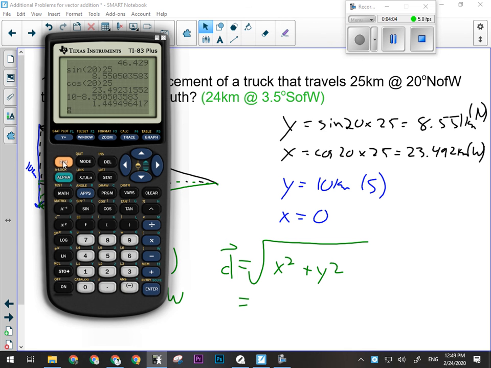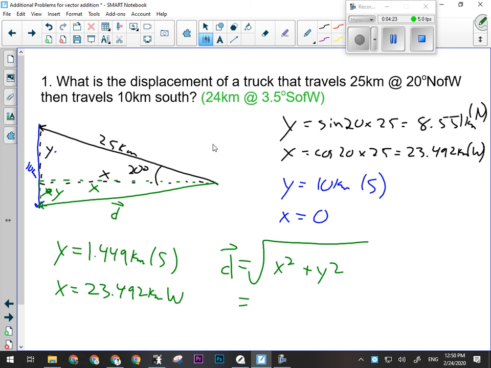So we're looking at an overall displacement of 23.537 kilometers. We need our angle. For me, I'm going to go tan, so it'll be y over x.